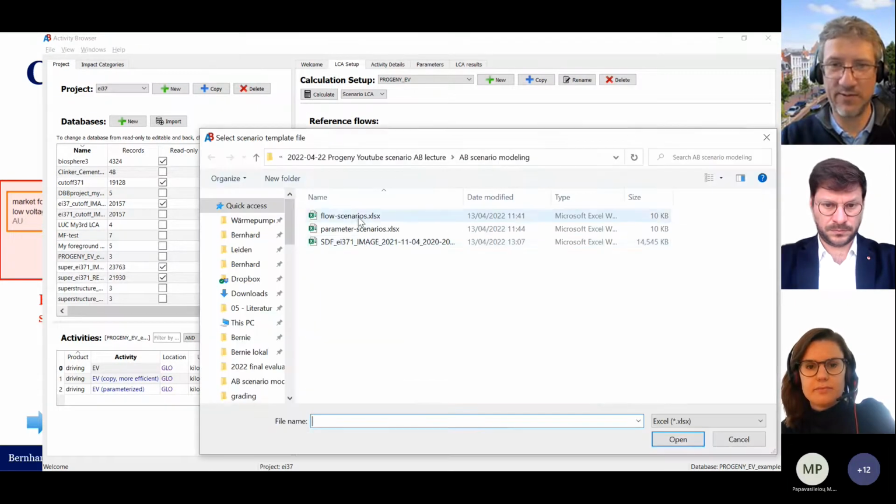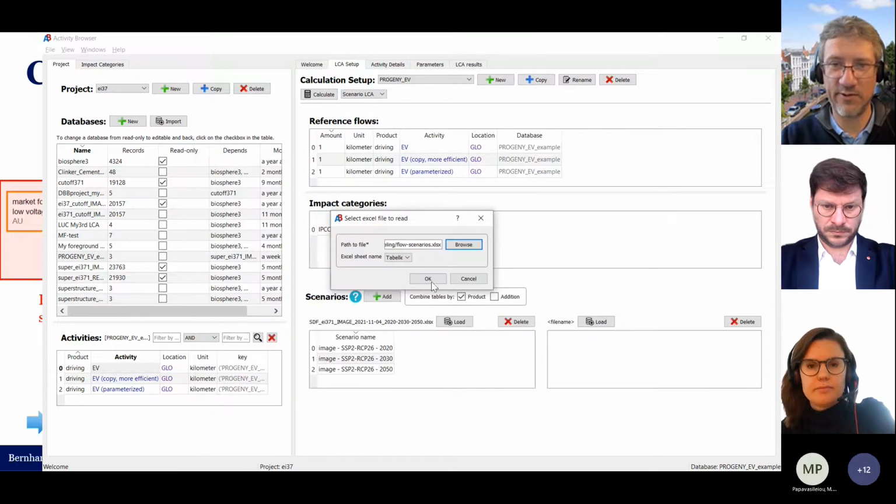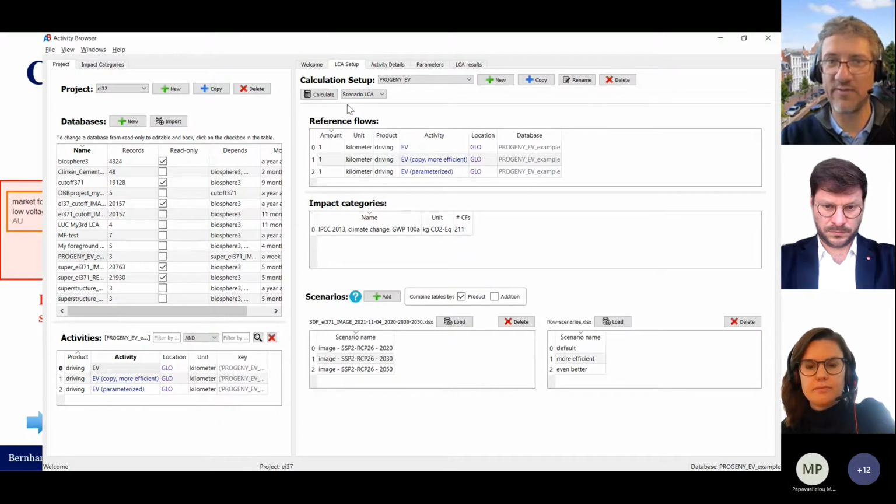And if we now include also the foreground flow scenarios, we now have a combination of these scenarios. So we'll get not 3 but 9. For every 2020 scenario, we get 3. All of these assessed for 2030, all of these for 2050.